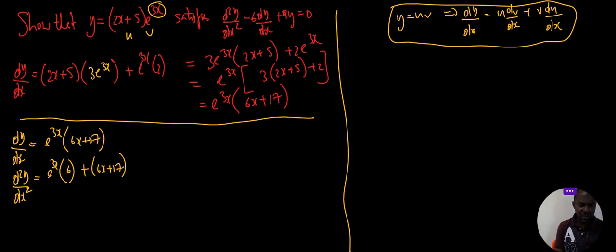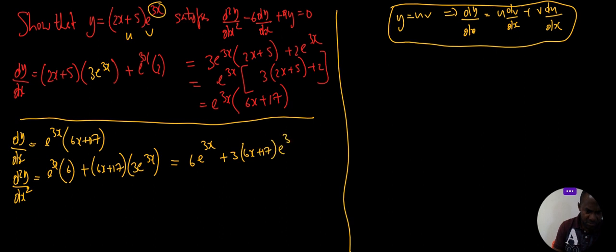Then we say plus the second, which is 6x plus 17, times the derivative of e to the 3x, which of course we established from the first part is 3e to the 3x. And of course, we try to simplify this again. So this becomes 6e to the 3x plus 3, open bracket, 6x plus 17, times e to the 3x.